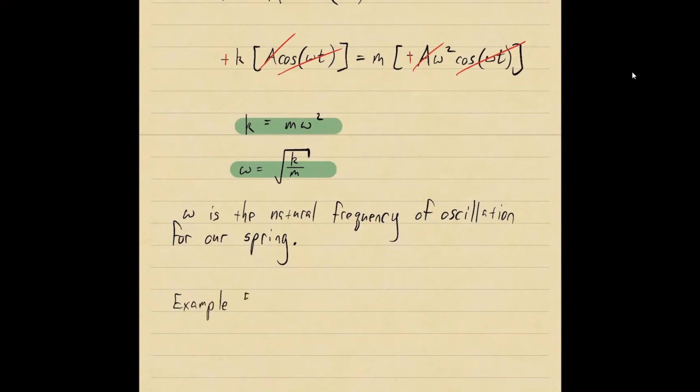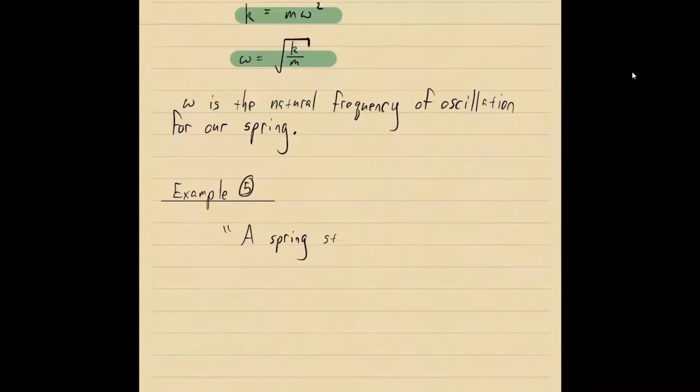Example 5 says that a spring stretches by 0.018 meters when a 2.8 kilogram object is suspended from its end.